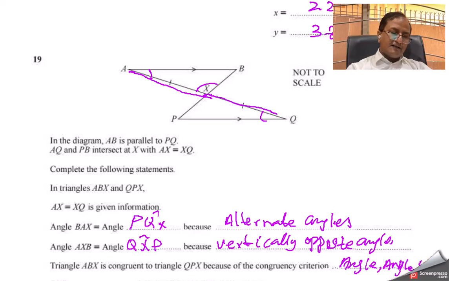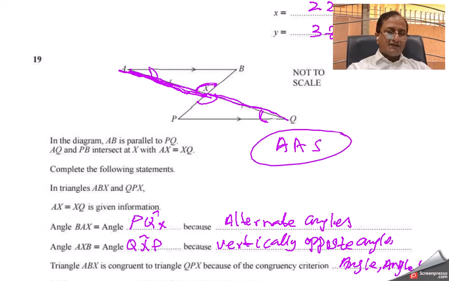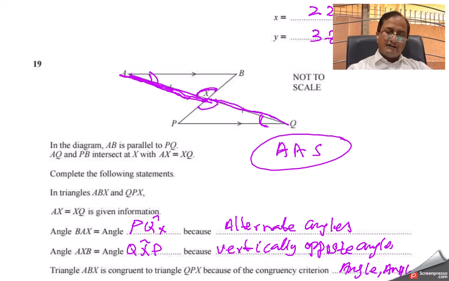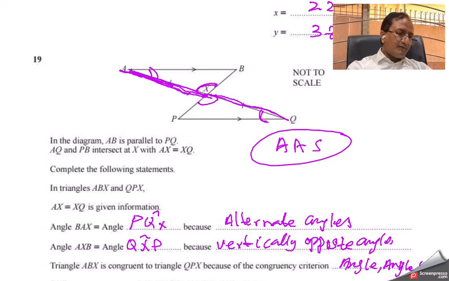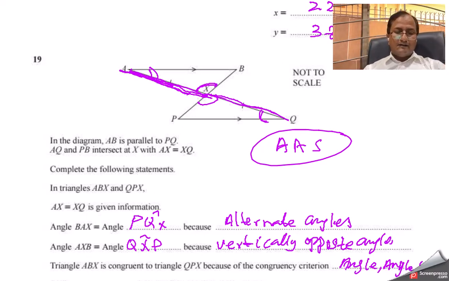Two angles are equal and one side is equal: AX and QX are equal sides, and these two angles are equal, and the two vertical angles are equal. You can say it is AAS. This is the type of congruency. Okay, and we're supposed to check the next question.